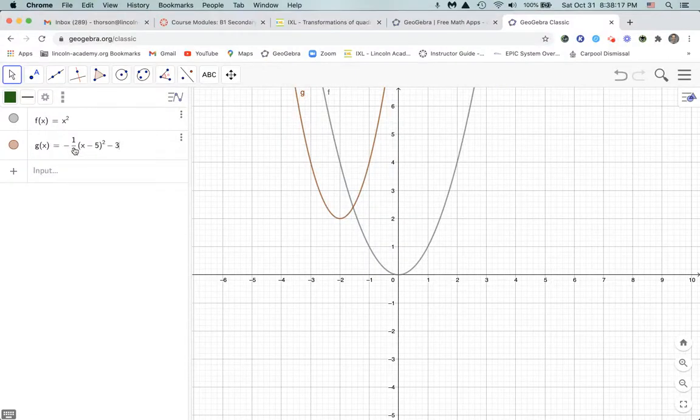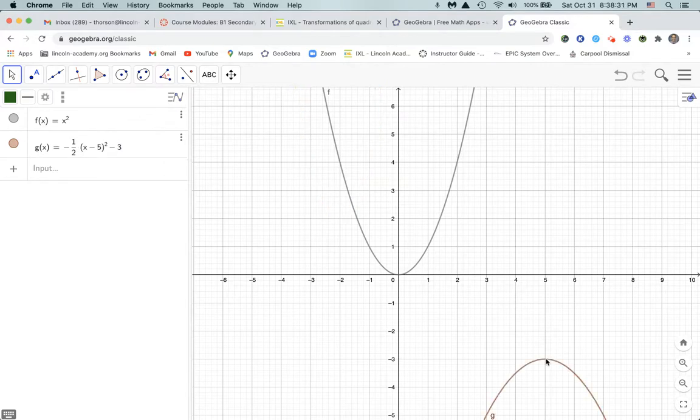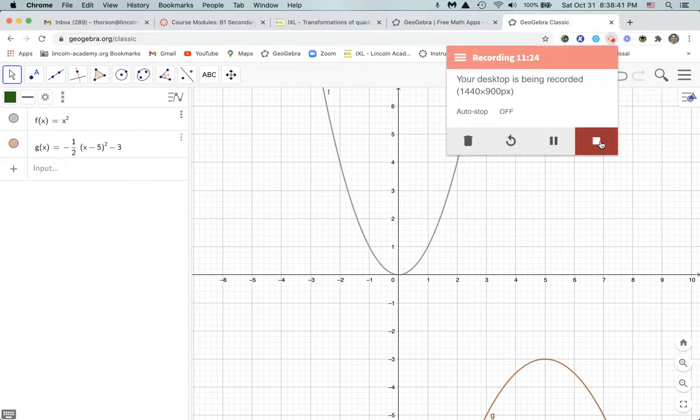The -1/2, negative is going to flip it upside down. The 1/2 is going to make it come out a little wider, and then the -3 shifts it down. So I go in over 5, down to 3, and it should be a little bit wider and upside down. Let's see. And lo and behold, it is. That is a little bit wider than this one here. Again, if you have any questions, definitely just watch it again or ask me when you come to class.